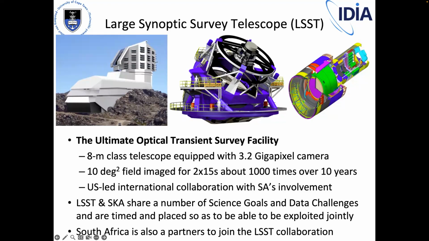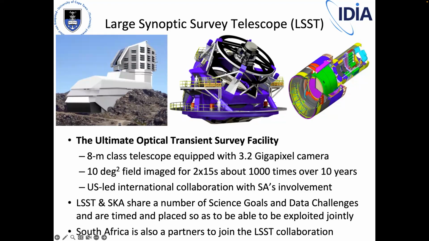And this will allow people to analyze the data streams in real time and to produce so-called alerts that can be shared with astronomers around the world, so that if a supernova or a gamma ray burst happens in the field of view of the LSST, astronomers will be alerted in real time, and automated telescopes will be able to follow them up in a much more streamlined fashion.